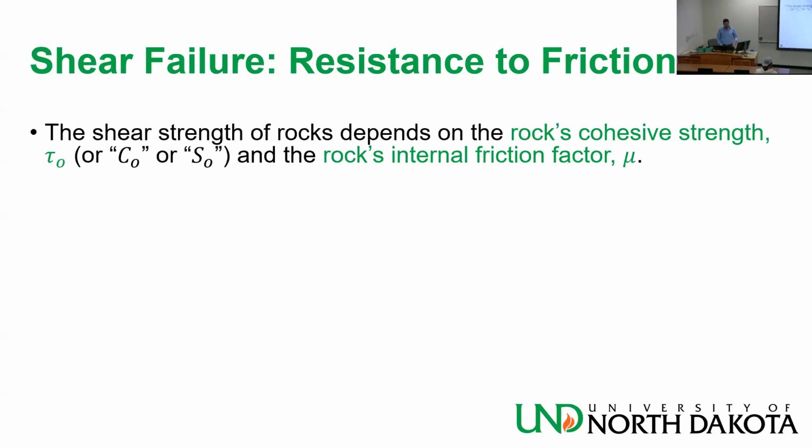In the rock, we have something similar for shear, which is the way the rock particles are held together in terms of sliding. We call that the cohesive strength. We use C0 or S0.